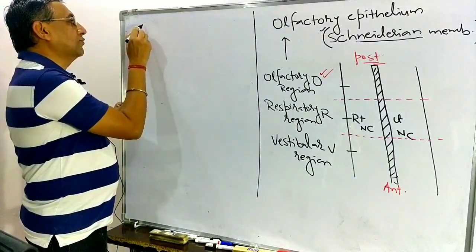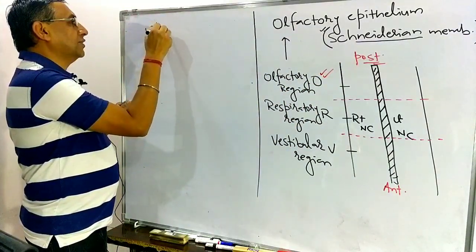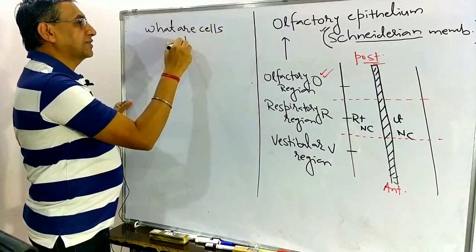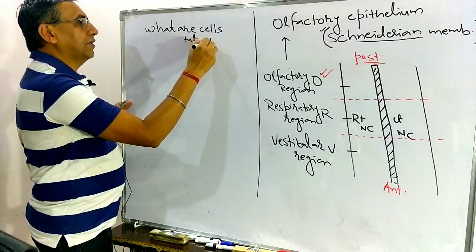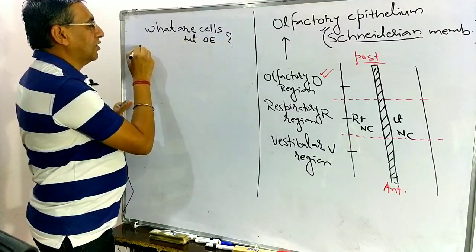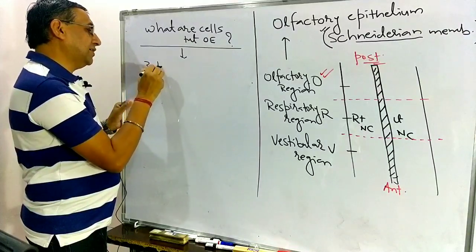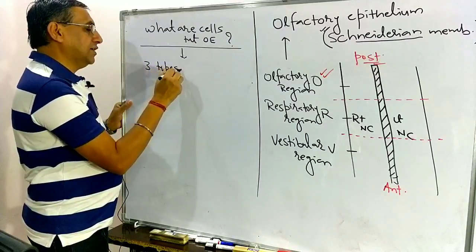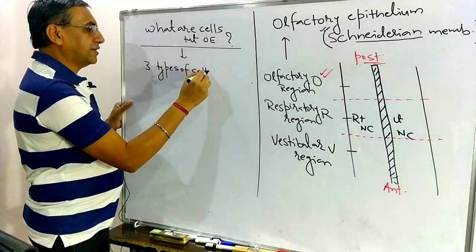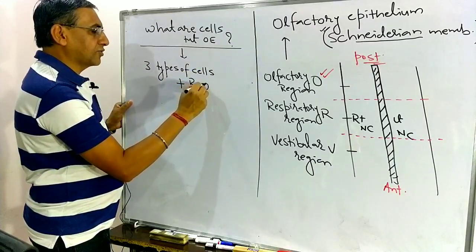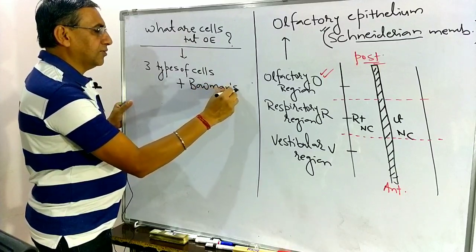What are the cells present in the olfactory epithelium? In the olfactory epithelium, three types of cells are present, plus a type of gland known as Bowman's gland.